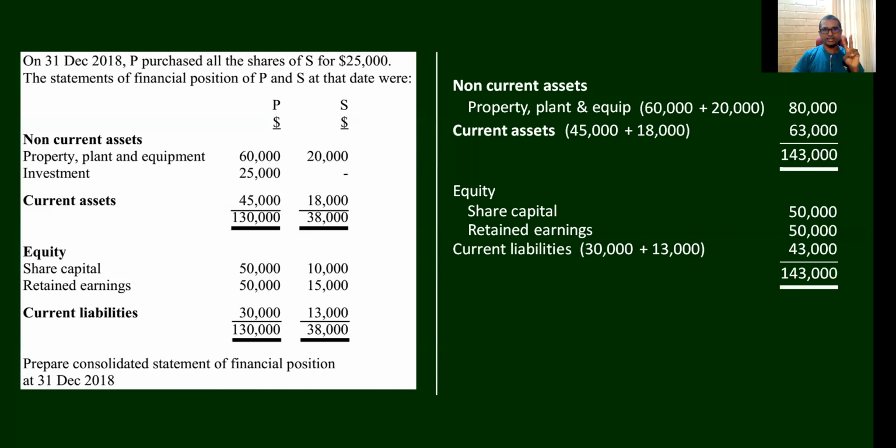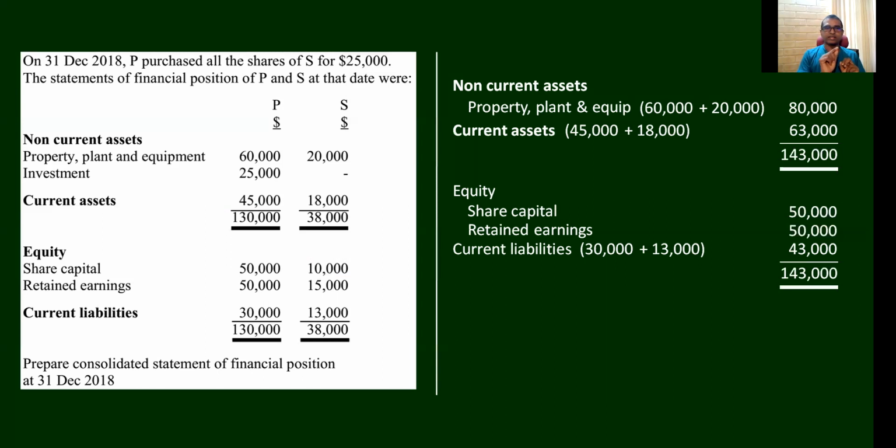So mainly two things to notice here. One is investment gets cancelled off. You don't put the investment in the consolidated financial statement. And then share capital is only parent company share capital. Those are the two things to remember. And in this example, those two things I said earlier, investment gets cancelled off and the share capital is parent company share capital, is valid for any consolidated financial statement, any consolidated statement of financial position.